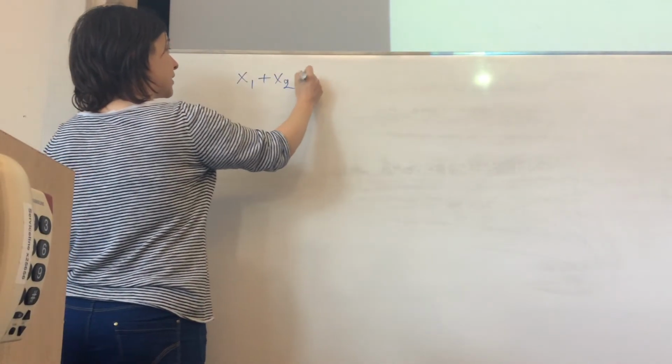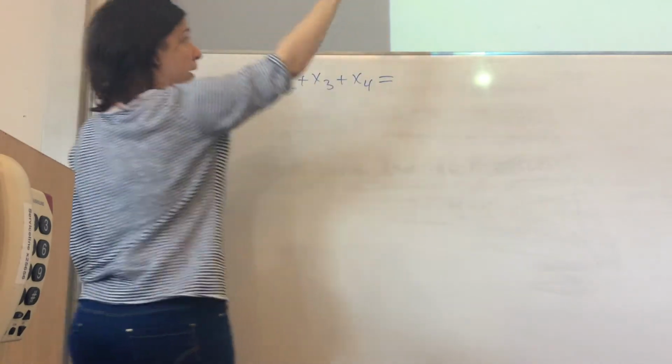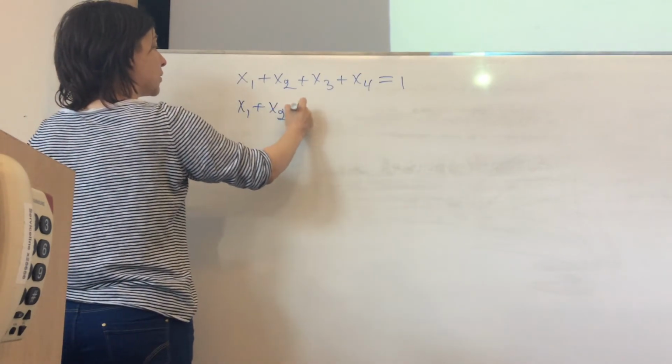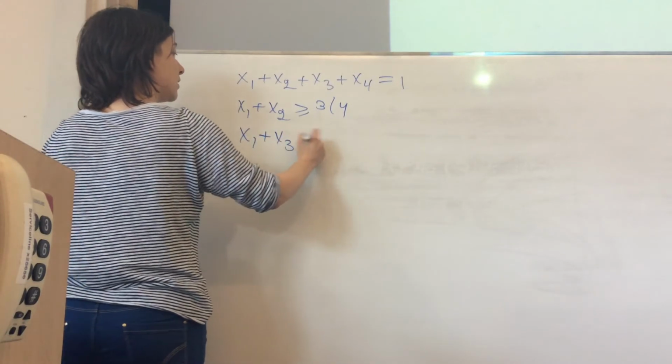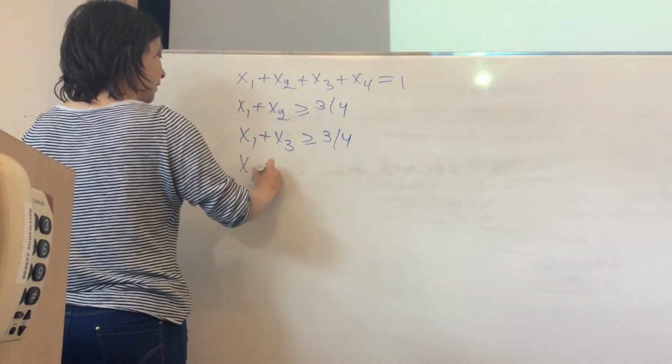So we know that x1 plus x2 plus x3 plus x4 has to be equal to 1. And now we have x1 plus x2 greater or equal 3/4. Same for x1 and x3. Same for x1 and x4.